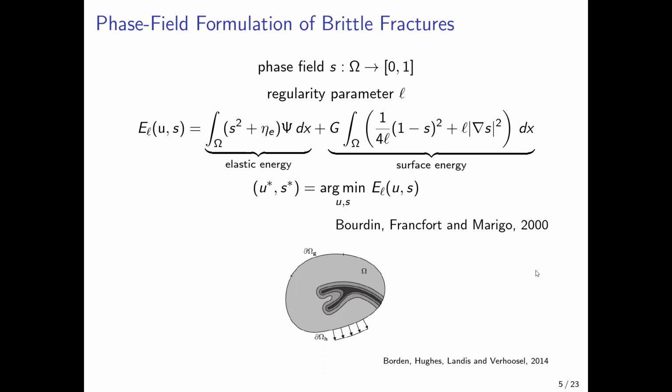But in this way, we're looking for the minimizing U and S, to find the crack set that costs the least amount of energy and the displacement set that costs the least amount of energy.